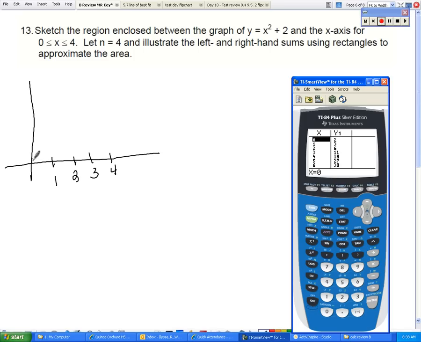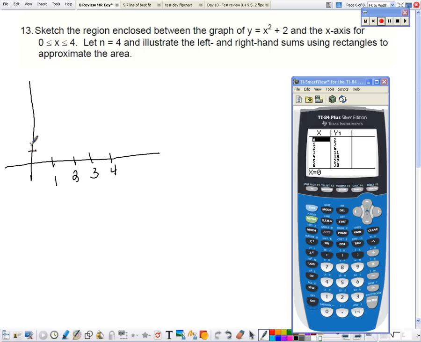So 0, we're at 2. 1 is 3, 2 is 6, 11, and 18.